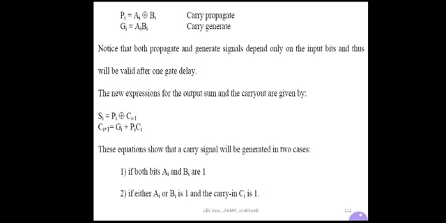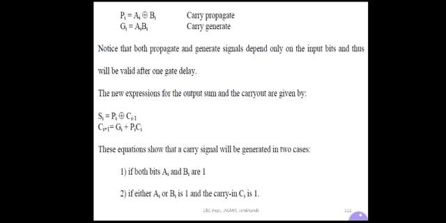Now we are going to see what the propagate signal and the generate signal are. Observe here, P, the propagate signal, is nothing but A XOR B. Take a half adder. In a half adder we have 2 equations for sum and carry. Sum is equal to A XOR B and carry is equal to A AND B. The same is used here for the propagate signal and generate signal respectively.